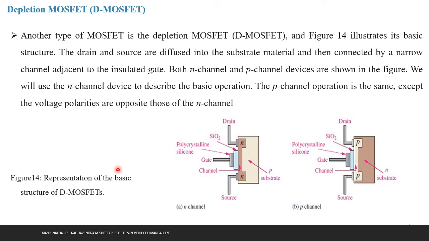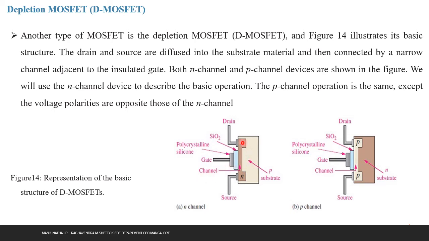After I read out the introduction about the depletion mode, I'll come to figure 14. Figure 14 has two parts, figure A and figure B. First I'll take up figure A. Before that, let me tell you the difference between the E MOSFET and D MOSFET.